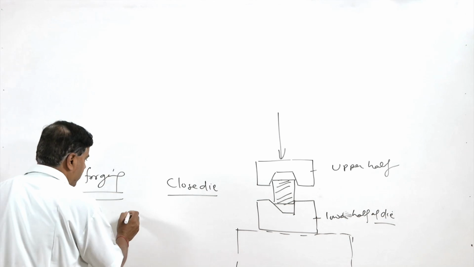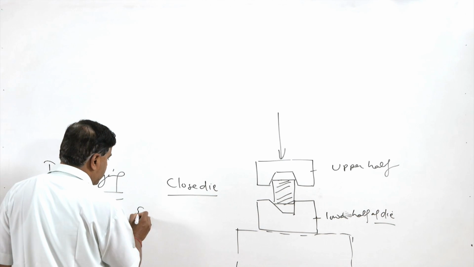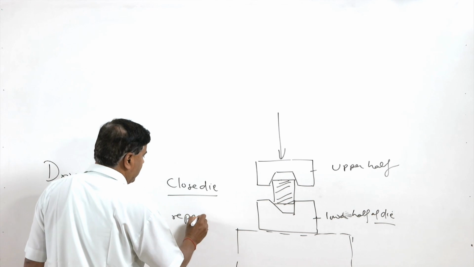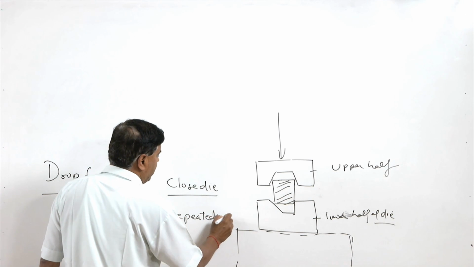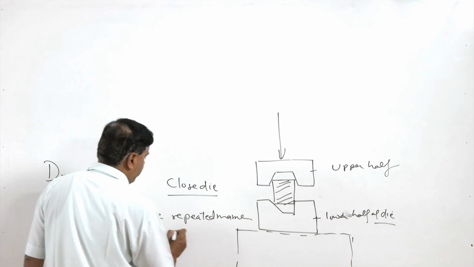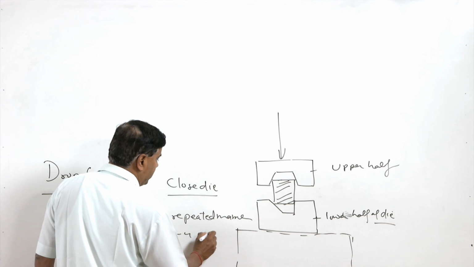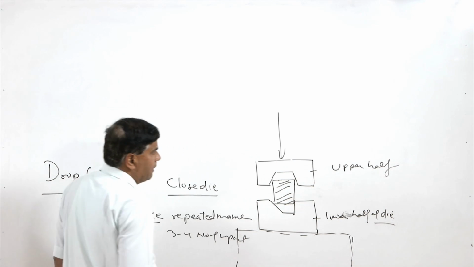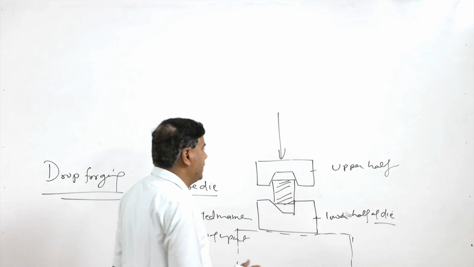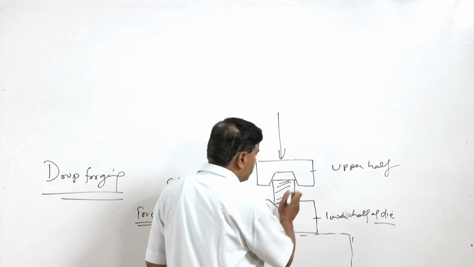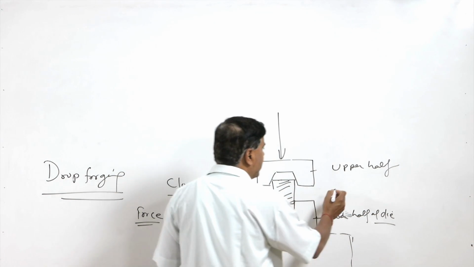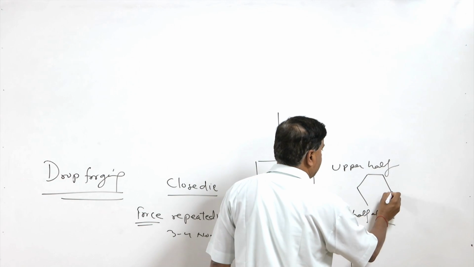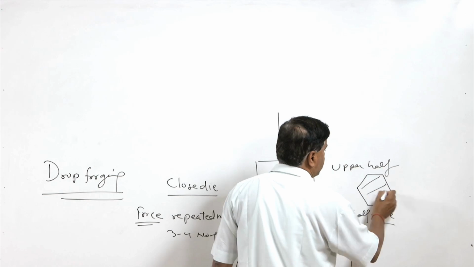So, here the force is applied in repeated manner, means 3 to 4 number of impacts are applied onto the stock with the help of the upper half of the die, so that the die is closed. Once the die is closed, we will be getting the product of the shape like this. So, this will be the product.